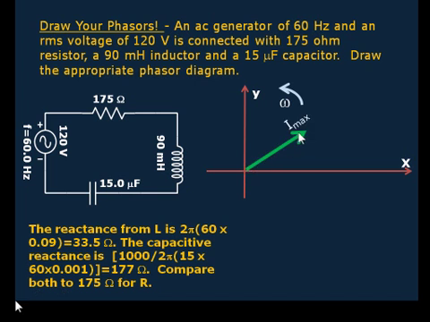So that's the maximum current in the circuit, and the actual value of the current in the circuit is given by the projection of this vector along the x-axis. And this current, of course, is the same in all three components, R, L, and C.